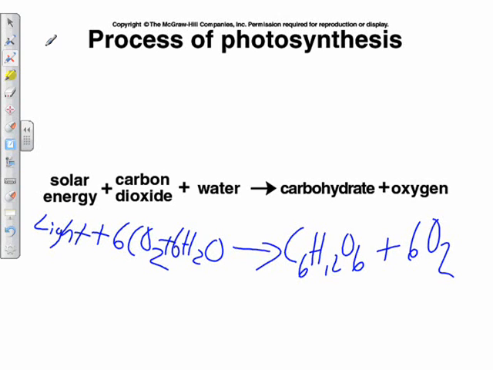Occasionally, and I think your book may show this, instead of writing C6H12O6, in some books, you'll see the sugar written like that, CH2O. It's just reduced, right? You take out a 6, factor out a 6. This is like the simplest formula for a sugar.